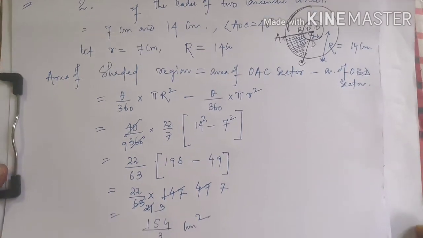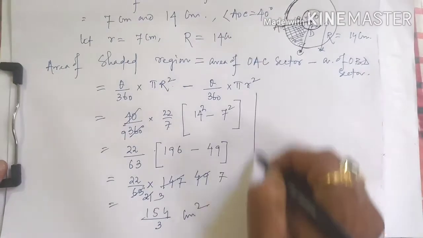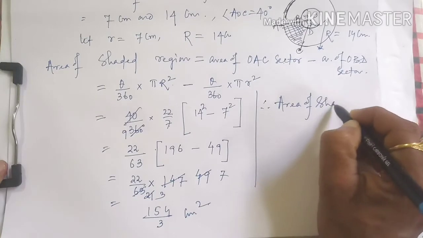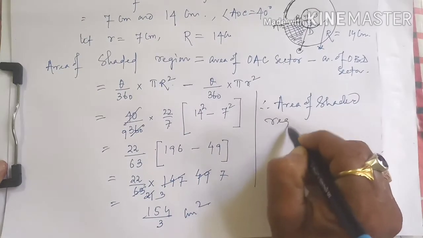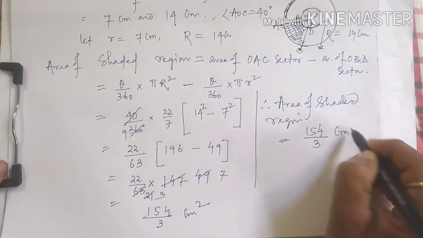You can change into 2 decimal places and easily you can find area of shaded region equal to 154 by 3 square centimeter.